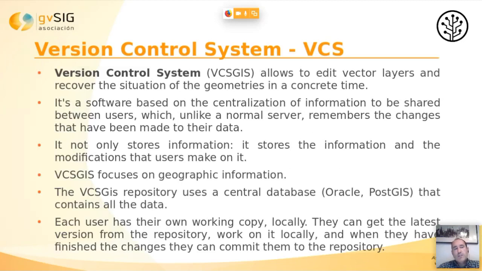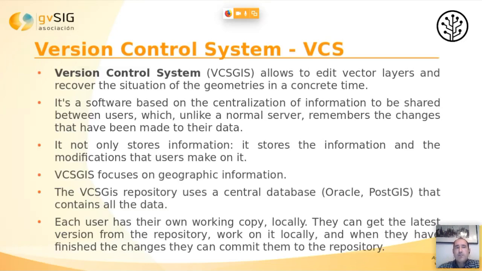The version control system for GIS is focused on the geographic information, and it uses a central database, mainly Oracle or PostGIS, but we can use H2 database for our local geometries, our local data.